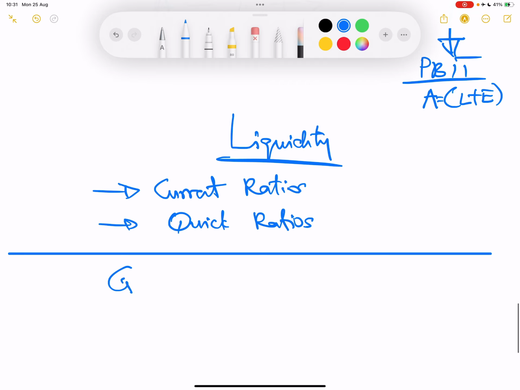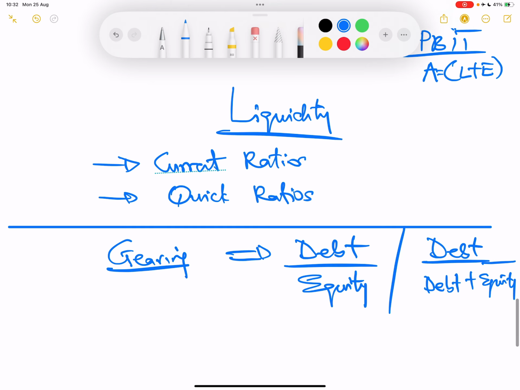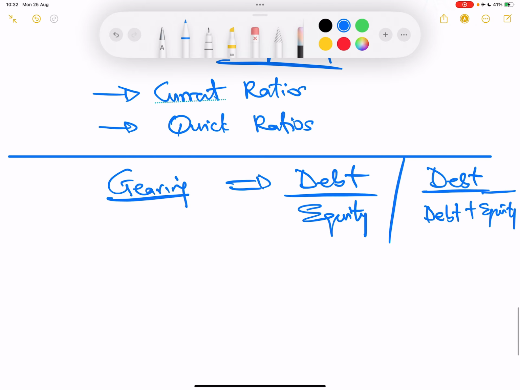Likewise, gearing is another way to monitor your financial risk. Remember, gearing is the debt equity ratio. That is debt divided by equity. And if you're talking of total gearing, you're talking of debt divided by debt plus equity. Both formulas are acceptable. Usually you want something around 50%, but what you should also know is that it depends on a lot of things.